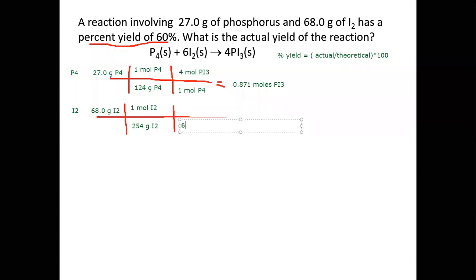So I2 goes on the bottom. We get 0.178 moles of I2. Double check.